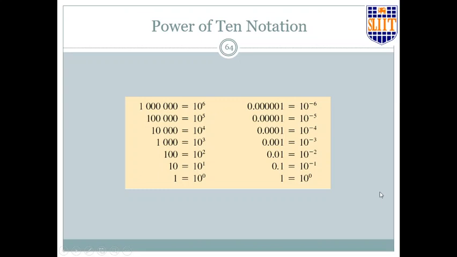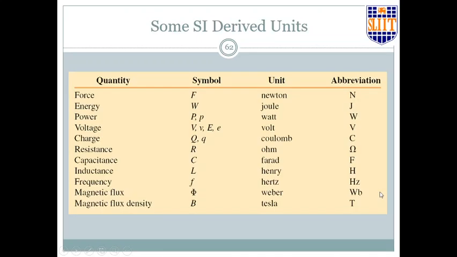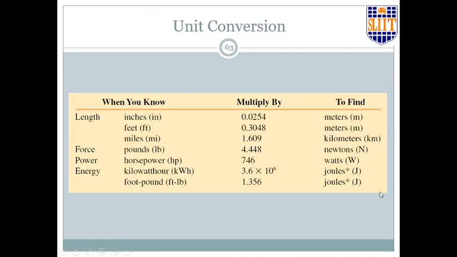How many of you have a scientific calculator with you? Everyone must have. Right? If you are doing engineering, you must have a scientific calculator. Scientific calculators have these unit conversions. Right?